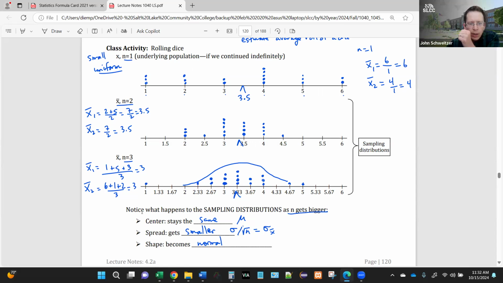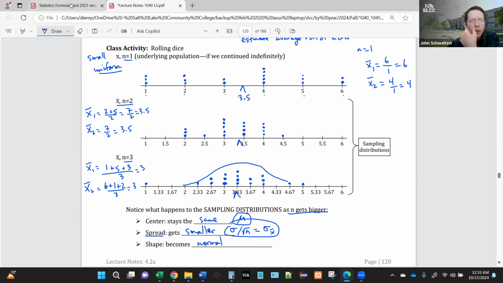Okay, and so that's an important takeaway. It says that the mean of the sampling distribution for X bar will be the same as the mean of the parent population, but the spread will decrease. It gets smaller, so the standard error for X bar is given by sigma over the square root of n, and then the shape becomes normal.